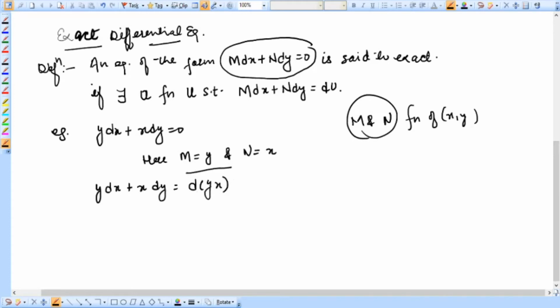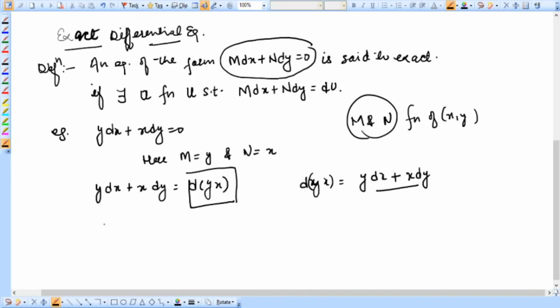Because we know it is equal to y as it is times the differential of x plus x as it is times the differential of y. So we can write y dx plus x dy is equal to the differential of yx.